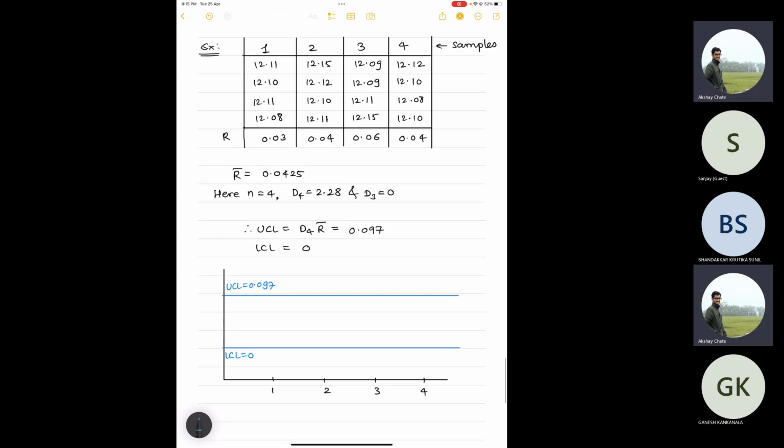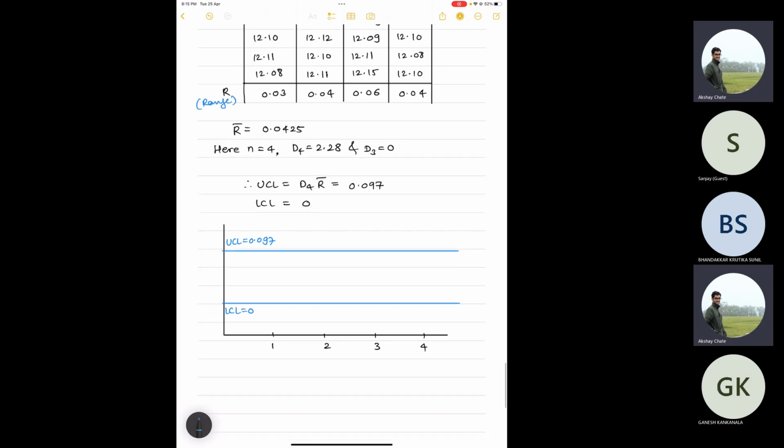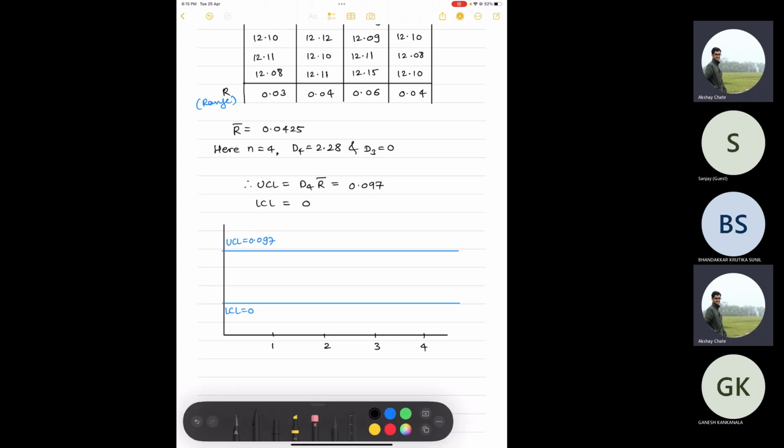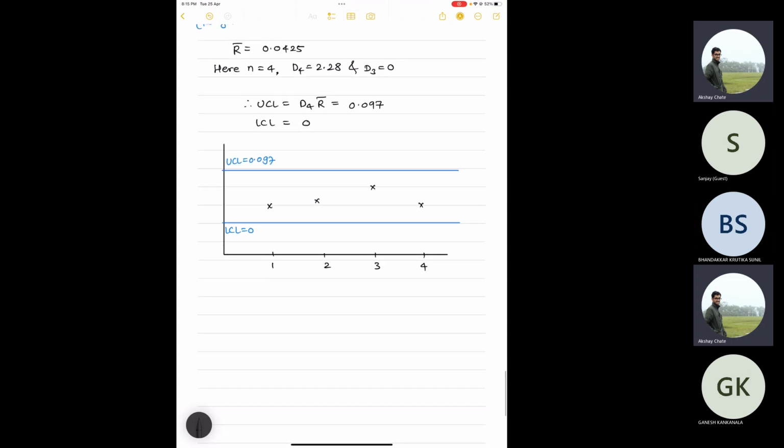You don't care about the individual data values. So for the first data point, the range is 0.03, which lies between the limits, somewhere here. Then 0.04 again somewhere here. 0.06 somewhere here. 0.04. So all your points are within the control limits, therefore your process is in control. So like that you have to do. So this is your R chart.